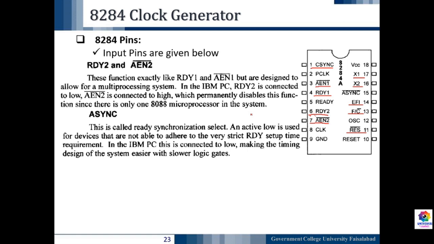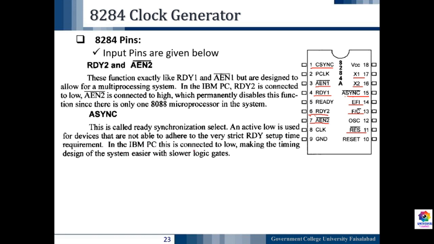And the last pin of the 8284 is ASYNC, the asynchronous pin, pin number 15. This is called the ready synchronization select pin, and active low is used for devices that are not able to adhere to very strict RDY setup time requirements.